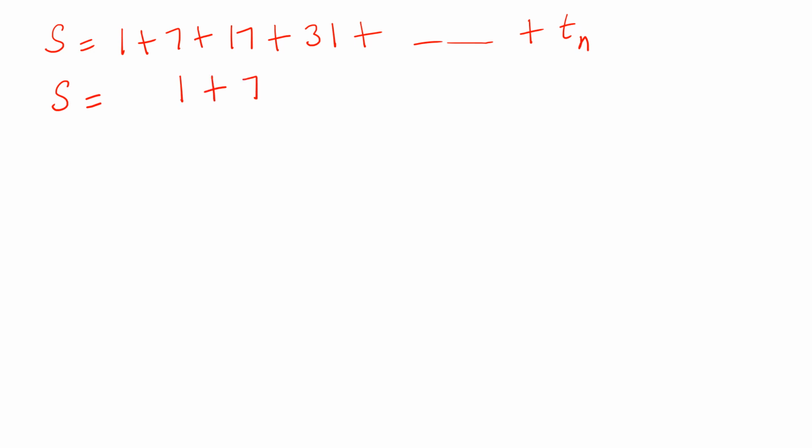That means 1 will now come below 7 and 7 will come below 17 and so on. I am calling this equation number 1 and this equation number 2.